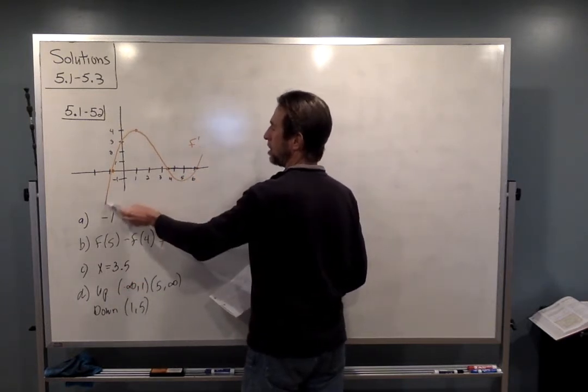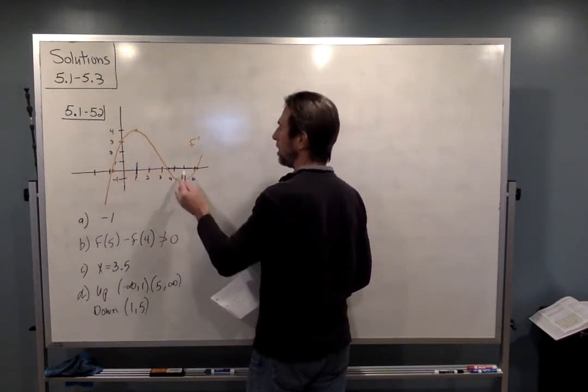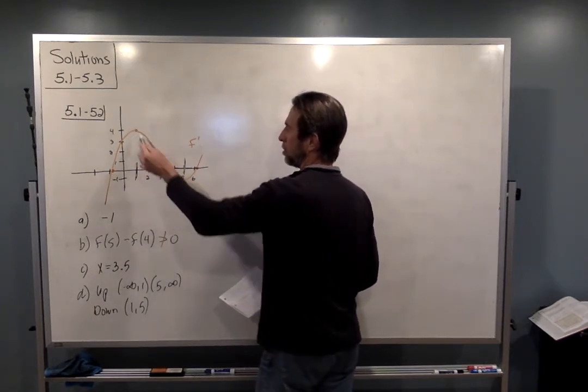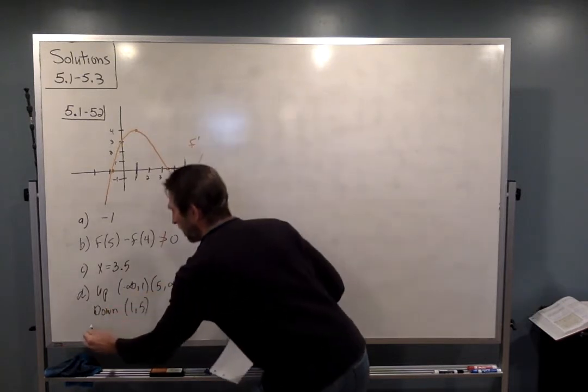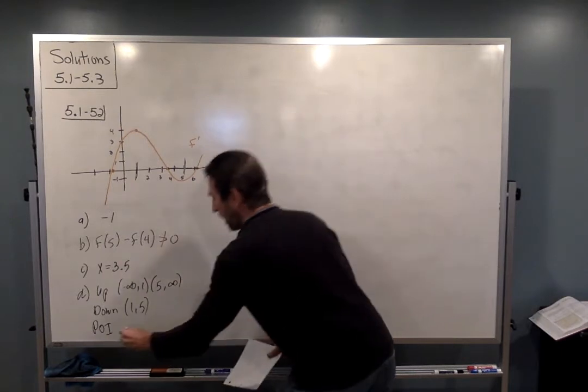The derivative is increasing all the way up to +1. Then the derivative is decreasing between 1 and 5. So where the derivative is decreasing, it has to be concave downward. What that then means is there is a point of inflection at x equals 1 and 5.